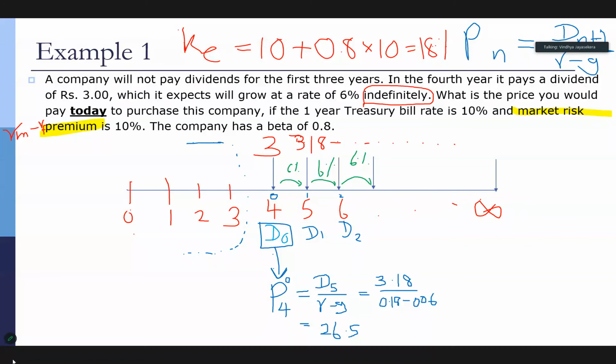If today, just forget about the first 3 years and imagine that today this is all happening. So the 4th year is now today. And look at this question again and think of this as today. 4th year, there is no 4th year, that is today. First 3 years are now, that sentence is out. So is the value of my company today, which is in year 4, 26.5?